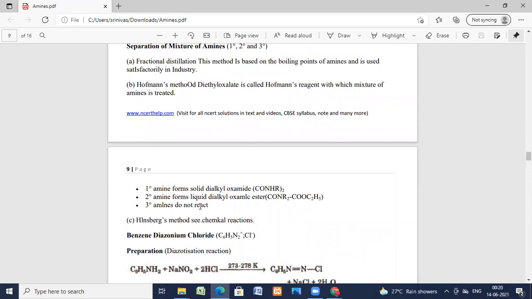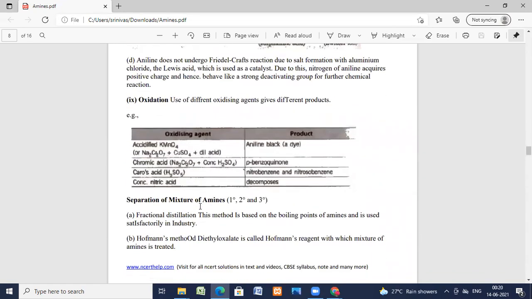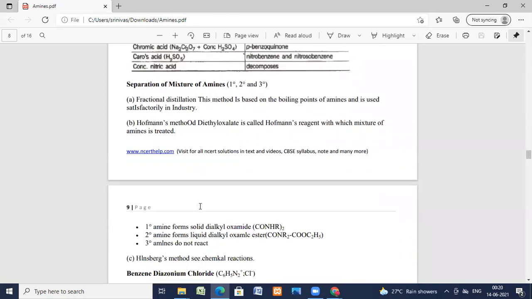So this is the separation reaction. Separation of the amines can be done by three methods: fractional distillation, Hoffman's method, and the third one is the Hinsberg method. Benzene sulfonyl chloride and alkali are treated with the amines, and thereby they are distinguished. That reaction is called the Hinsberg reaction.